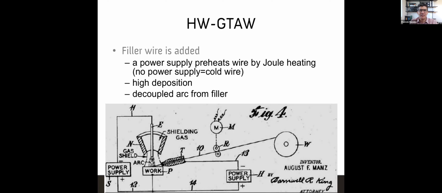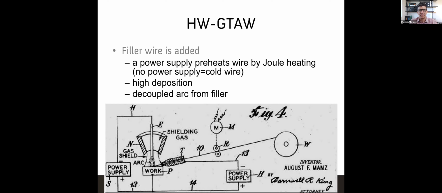Now, here is a huge paradox. The hot wire process gives you the coldest possible weld. Isn't that crazy, right? The hot wire gives you a cold weld, and this is why.